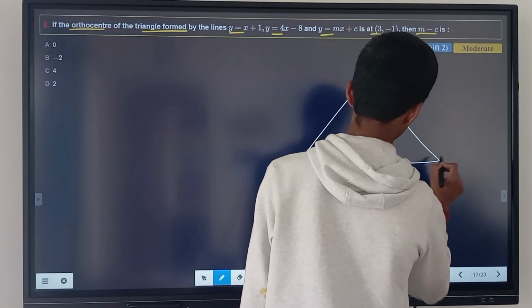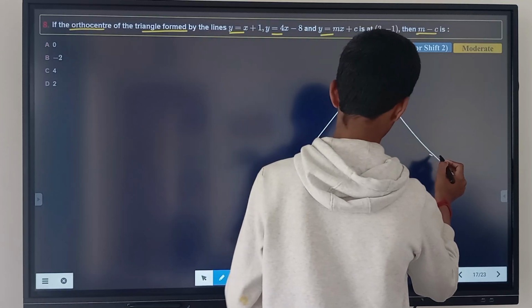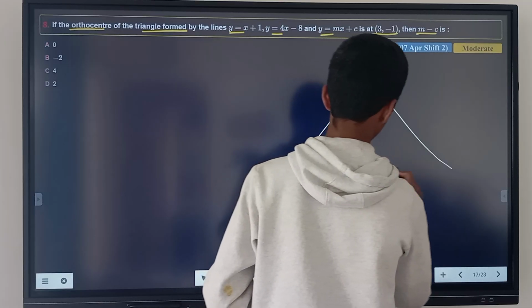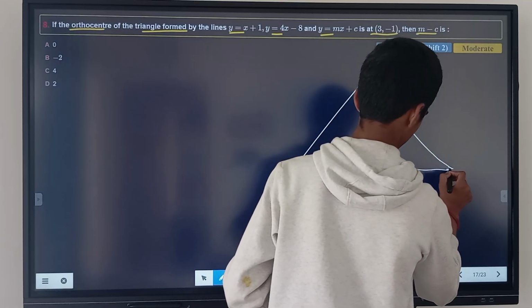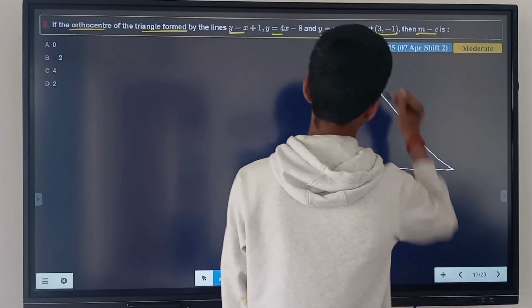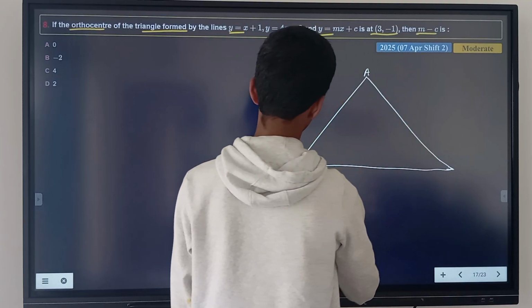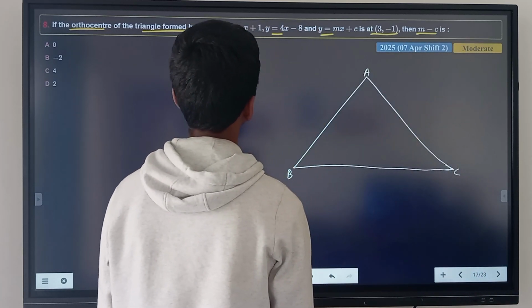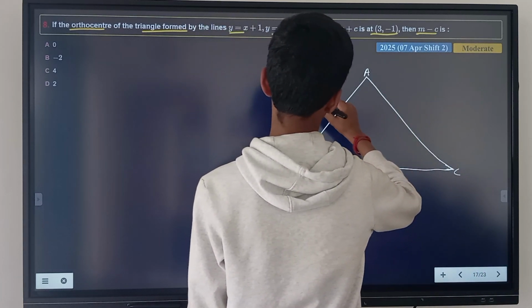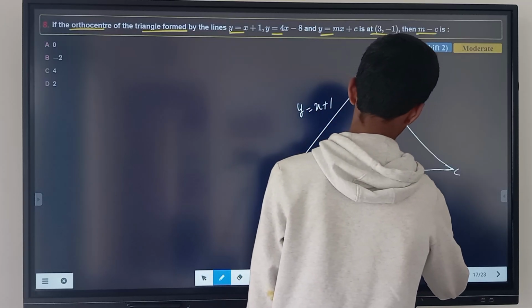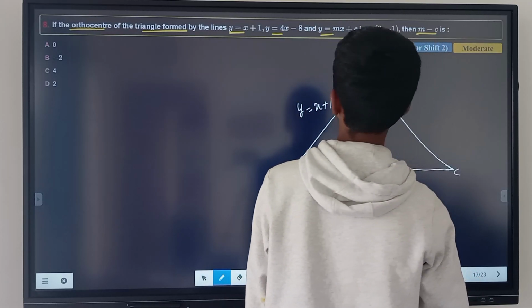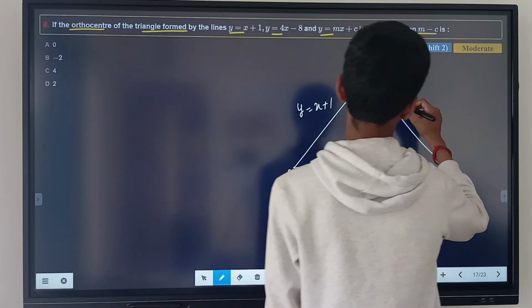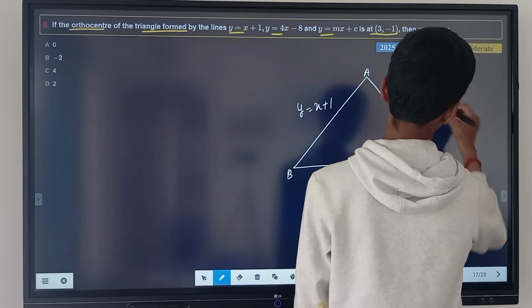A, B, and C. Let's say this is y is equal to x plus 1, this is y is equal to mx plus c, and here we have y is equal to 4x minus 8.